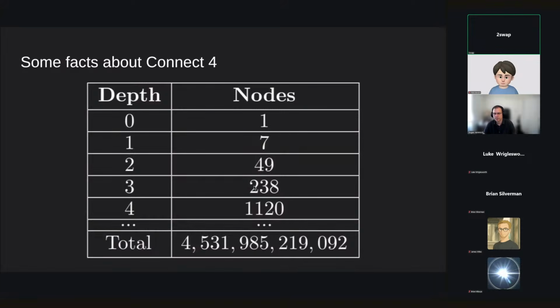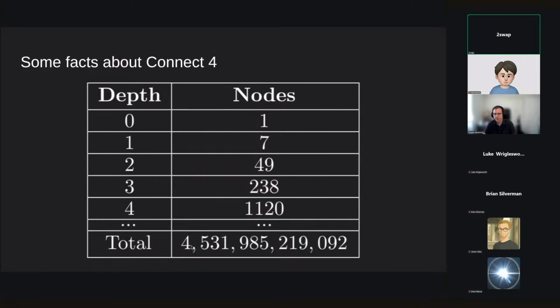You can take 2 different paths to get to the same spot. For example, if red plays the first column and then the second column on red's 2 consecutive first moves, that's the same as going the second column then the first column. So you don't get a perfect exponential curve here, and eventually, of course, the board fills up, and that yields a total number of nodes in this theoretical complete graph of 4 trillion.